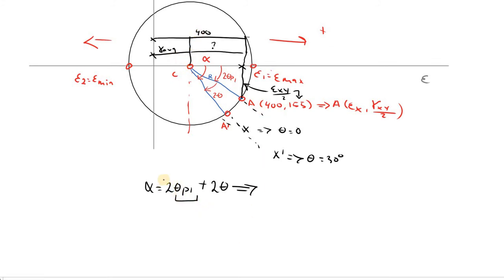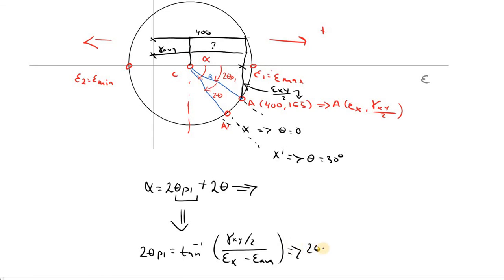So if we want to go ahead and find this section here first, 2 theta P1 equals 10 to the negative 1 of shear strain divided by 2 over the normal strain in X minus the average strain. What we'll find is that 2 theta P1 equals 25.5 degrees.